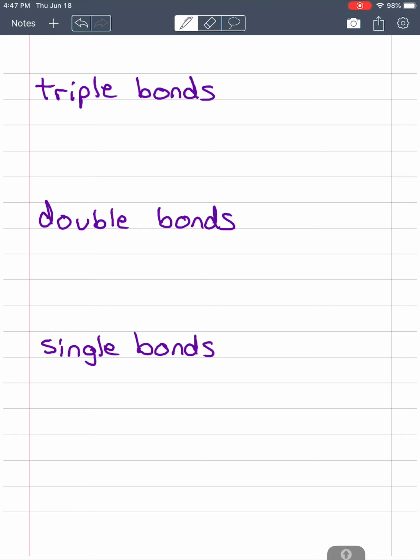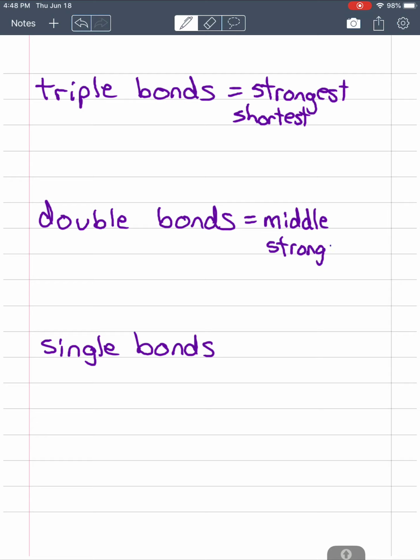So with a triple bond, it is the strongest. It is also the shortest. A double bond is the middle strongest, or the intermediate strength bond.